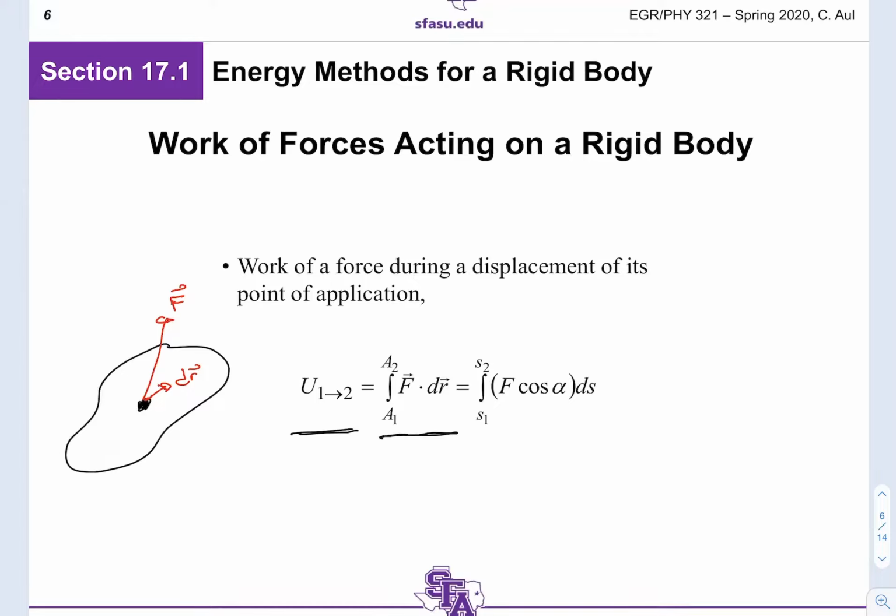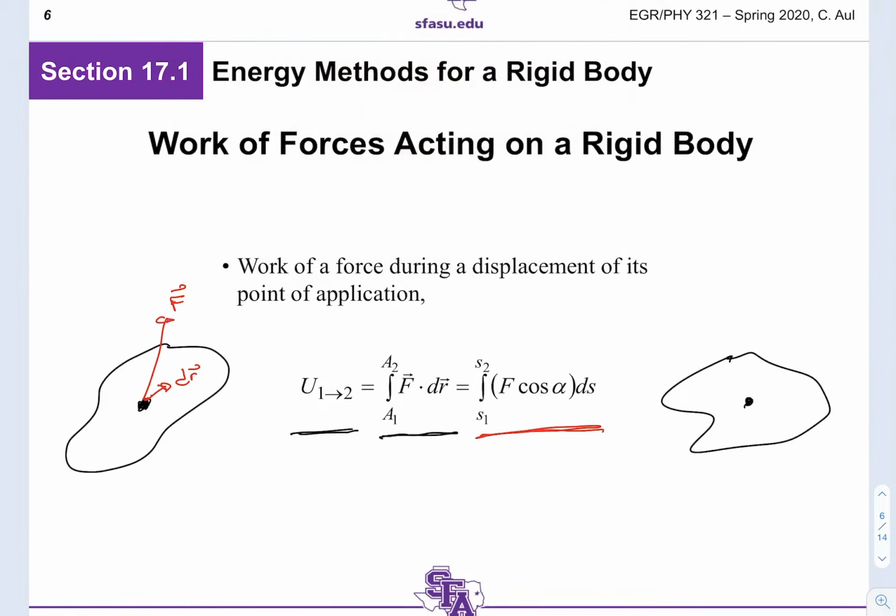Here we're looking at any particle or body that's moving, in which we might have a force in one direction and a dr in another direction, and the angle between them would be this alpha. Along a path that describes the motion, we can assume the total work being done is going to be that force.